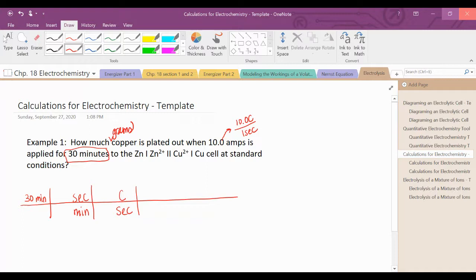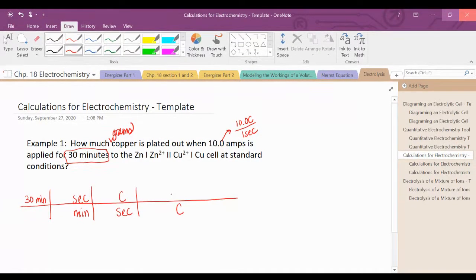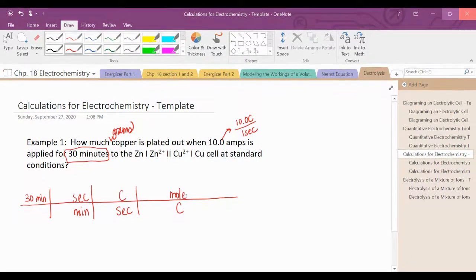All right, now in quantitative electrochemistry, you're always going to be using that bridge, that Faraday's constant. So if I have coulombs, this gives me the opportunity to use that bridge because Faraday's constant looks at the coulombs per mole of electron.